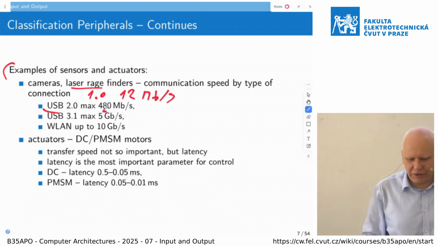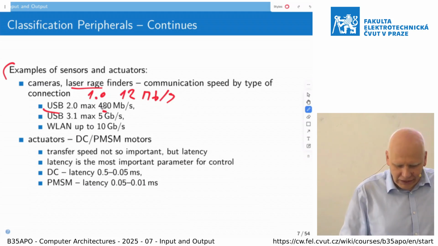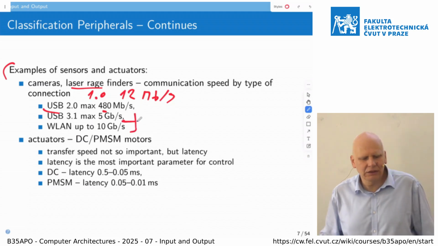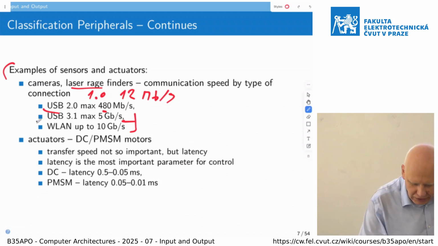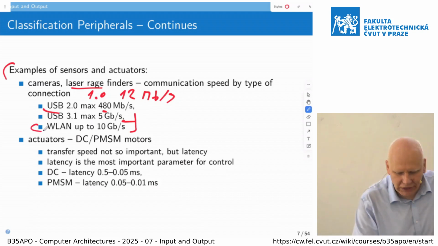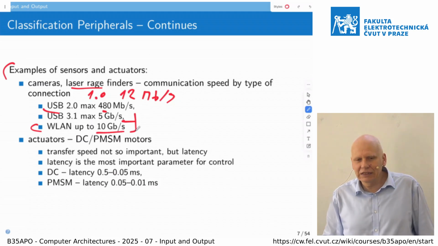Now we have USB version 2, which has 480. USB 3 can go up to 5 gigabits per second. We have those communication networks, and even some rangefinders today are connected by 10 gigabit Ethernet to deliver the amount of data which are necessary to the computer.